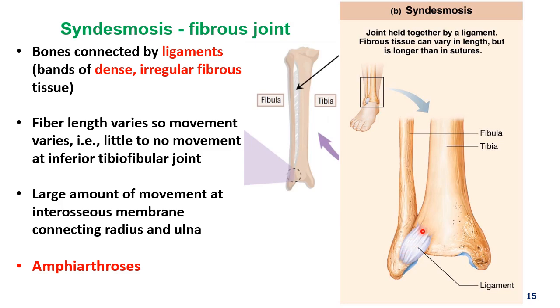It's dense, but it's a regular type of ligament. So here you have a different type of orientation than you have with your interosseous membrane. Now, this type of joint allows just a little bit of movement. Not a lot of movement, but it's not totally immobile.